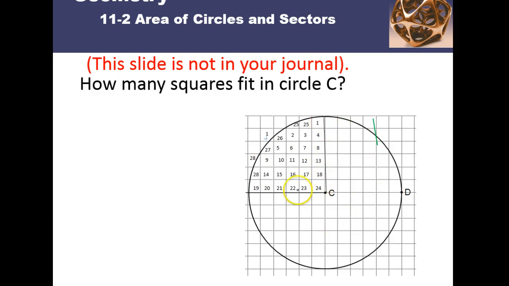So I divided the circle into fours, and I'm just looking at this wedge right here. Then I'm counting these. 2, 3, 4, 5, 6, 7, 8, 9, 10, 11, 12, 13, 14, 15, 16, 17, 18, 19, 20, 21, 22, 23, 24. All these other ones are full squares, so we know for sure that those are 1 square each, right?